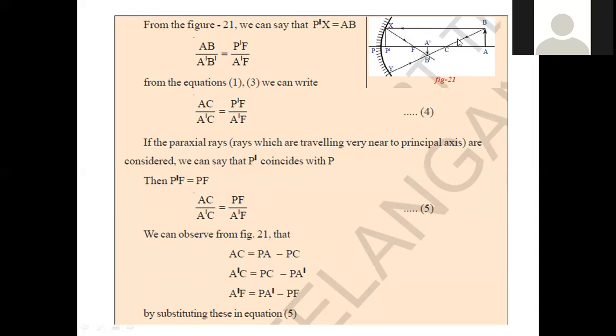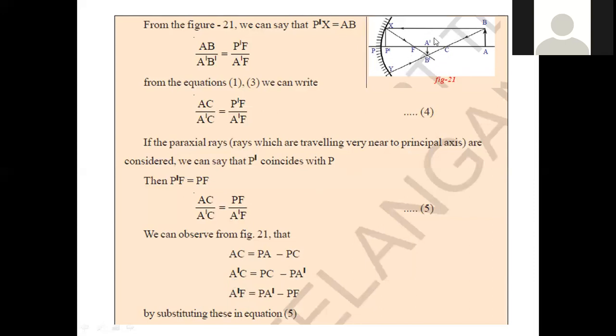From this equation, figure number 21, it is clear that the distance AC is, in the triangle, where A is the object origination point and C is the center of curvature, AC is equal to PA minus PC. So in this way you can also measure this.